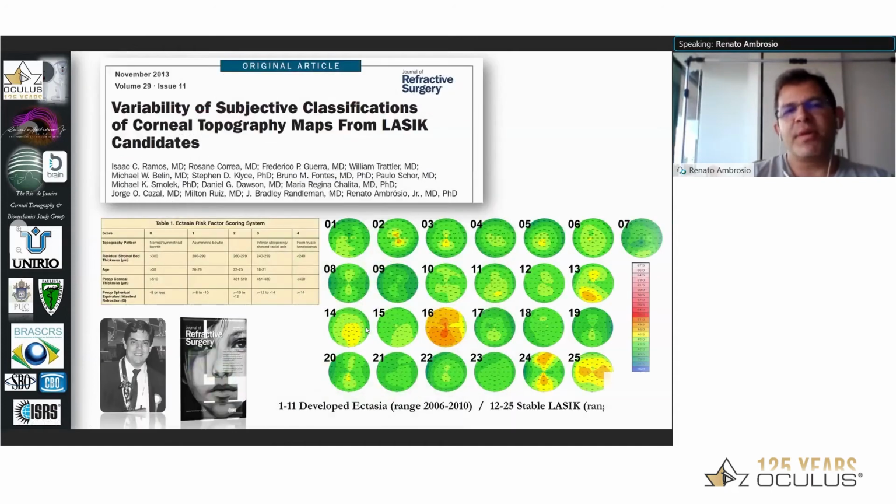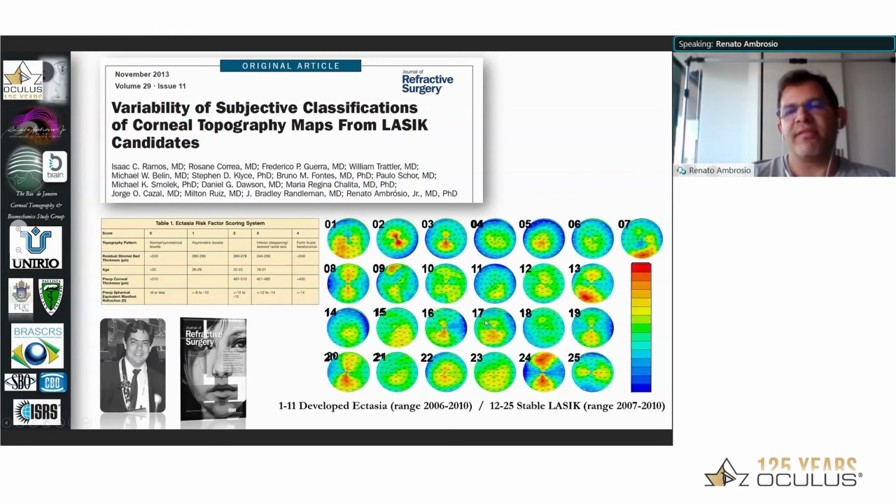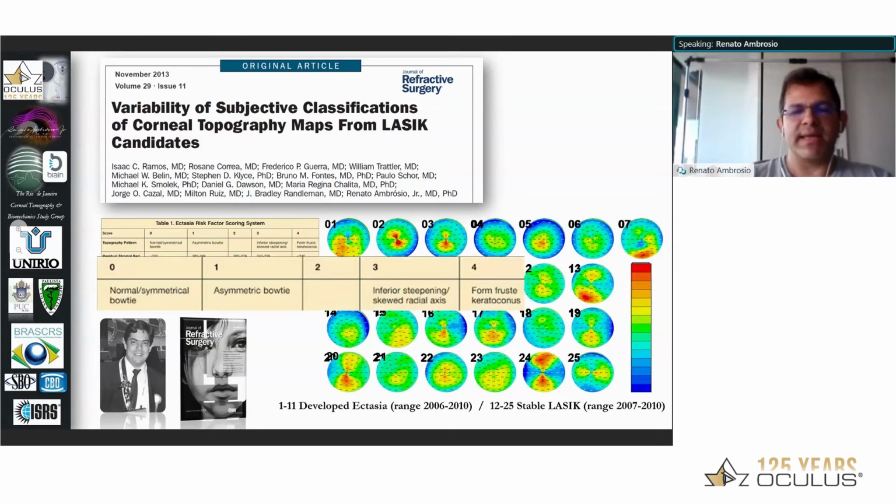We looked at the variability of subjective classifications from corneal topography maps, first using this 1.5 scale and then using the 0.5 normative scale, which is called the Holladay scale in the Oculus Pentacam and Keratograph. We asked 11 colleagues to classify based on the criteria from Randleman: 0, 1, 3, and 4.